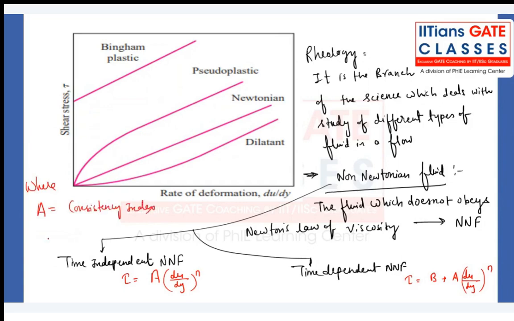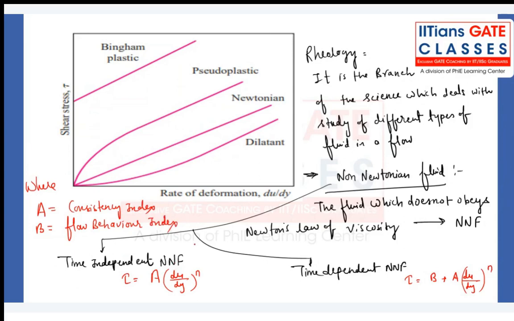And what is the meaning of B? B we can note down as the flow behavior index. And what about n? That is the exponent, which depends on the type of fluid.